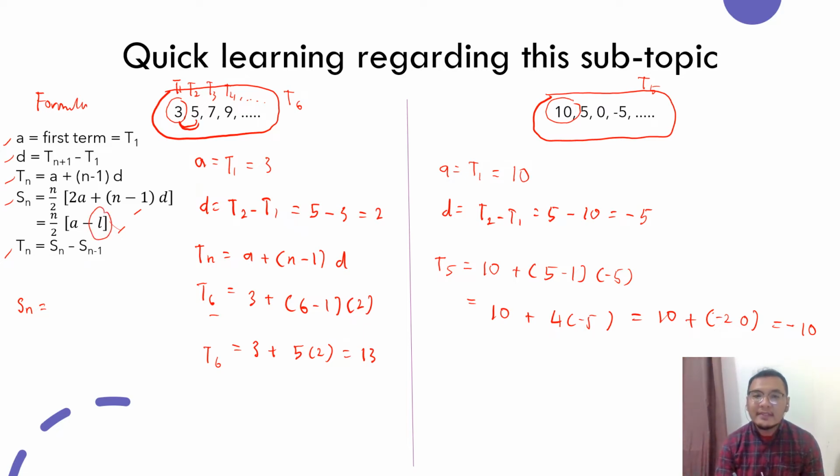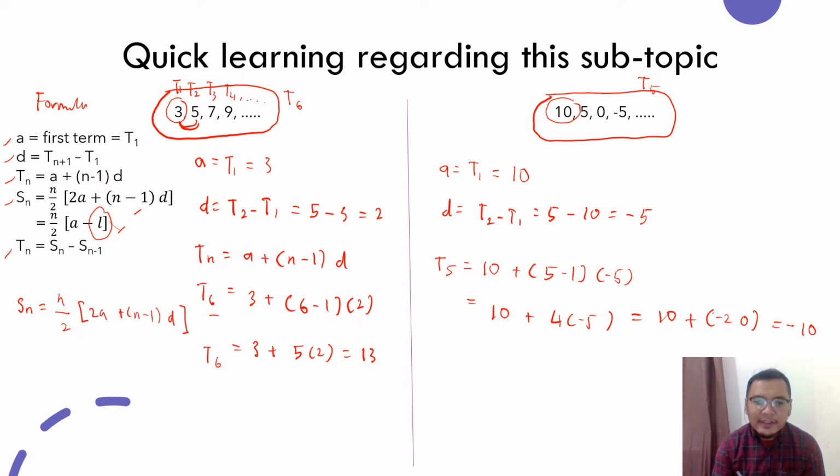L is the last term. We don't know the last term for this sequence number, so just KIV for this one. We will use the first formula for Sn, which is n over 2 bracket 2a plus n minus 1 d.